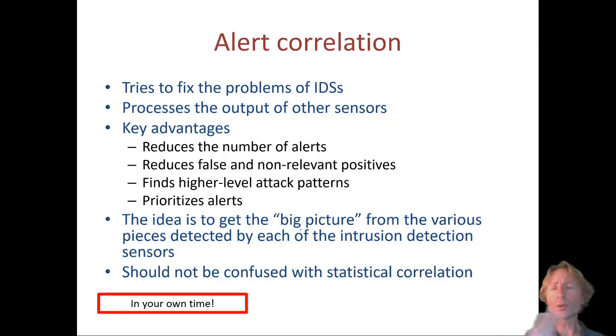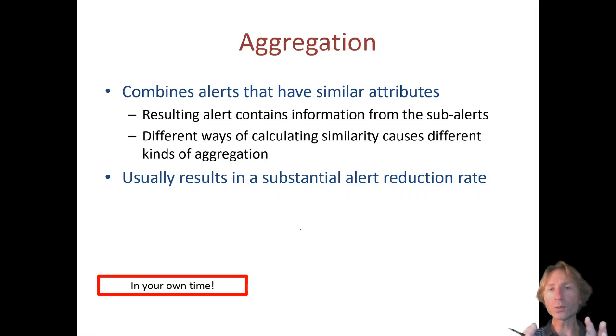Okay? So you will form some big picture from the different pieces that are provided by the individual IDSs. And the first thing that you do is to aggregate. So you're combining alerts that are somewhat similar, they have the same attributes. And because of this, you reduce the number of alerts that you generate.